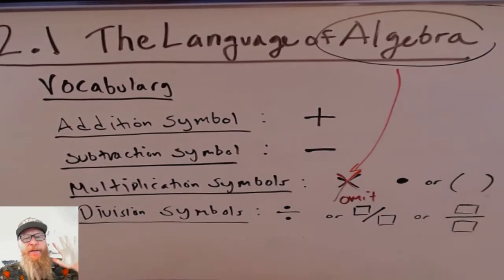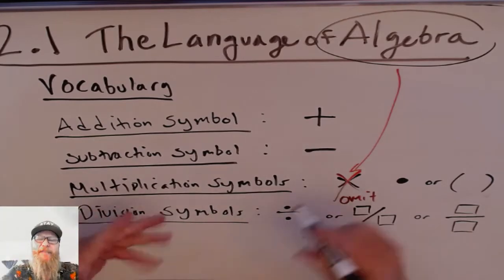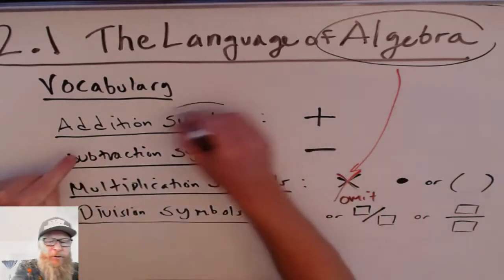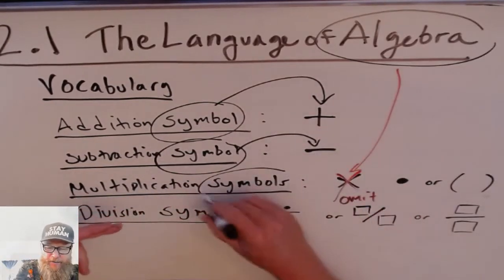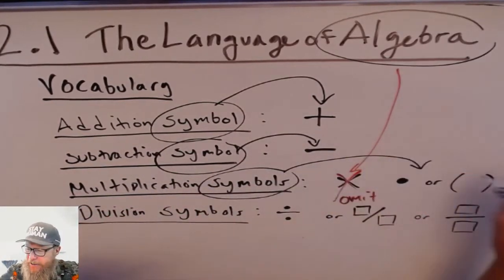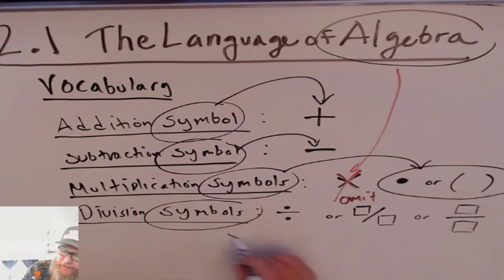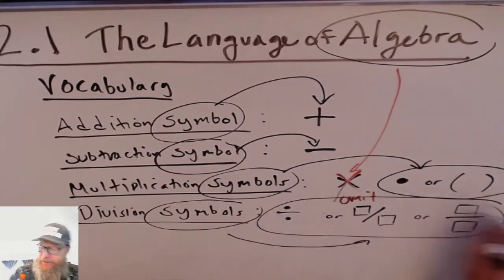Okay. Now, the key here is that when I say addition symbol, I'm talking about the actual symbol, not the actual operation or the result of the operation.